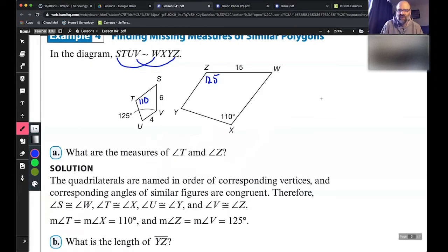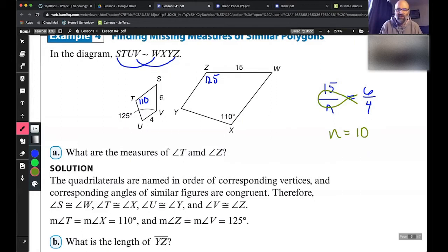If I did big to small, I could go 15, and then we've got our YZ here, so we're just going to put our variable there. 15 is to YZ as 6 is to 4. Now if I use the fish method, 15 times 4 divided by 6 is 10.